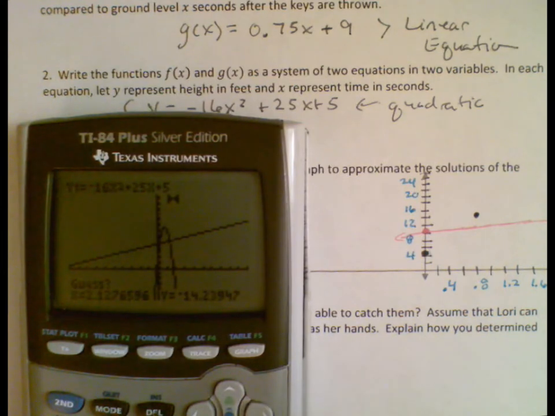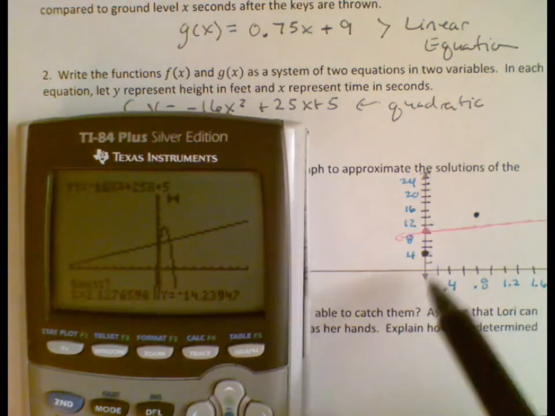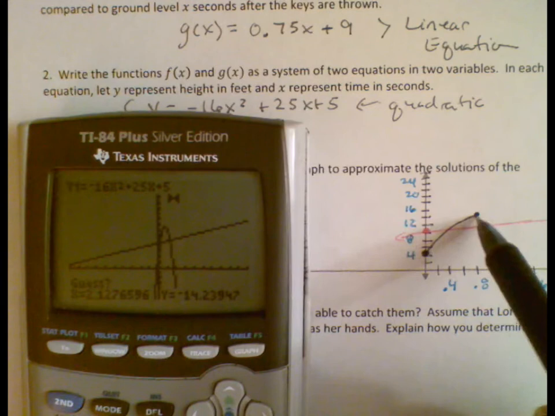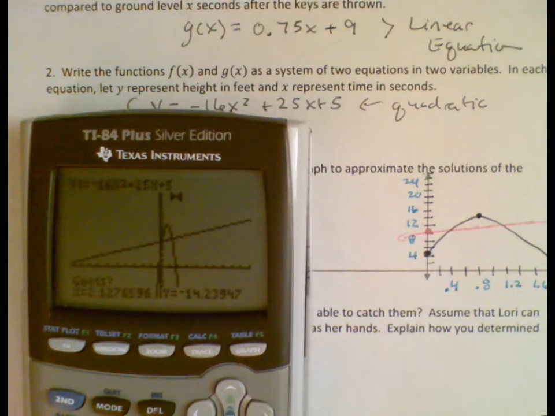And that gives me roughly where it comes down, which is at about 2-ish, so I'm over here. So it comes up, and then it comes back down like that. Okay? So at least we have somewhat of a picture.